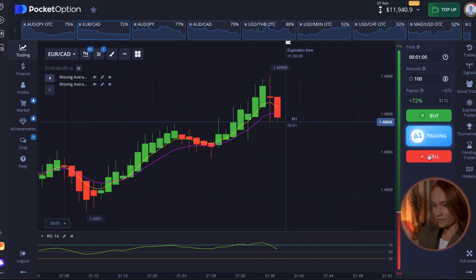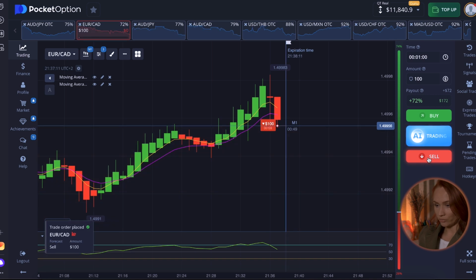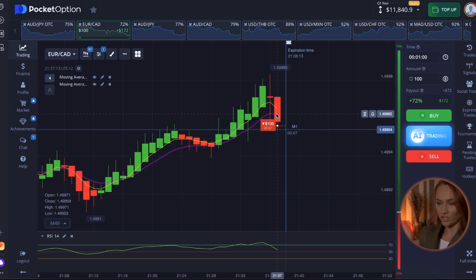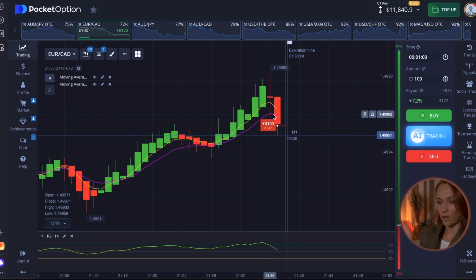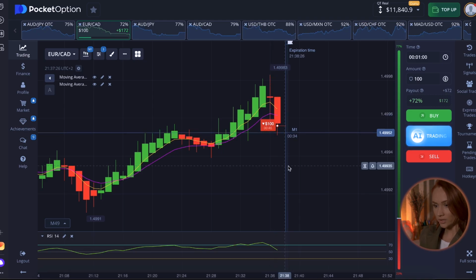Although now we see a change, and this is actually a great moment for entering, because at this point the lines will intersect and the yellow line will cross the pink one from top to bottom. This will be an obvious sign of a reversal. We see it happening right now.